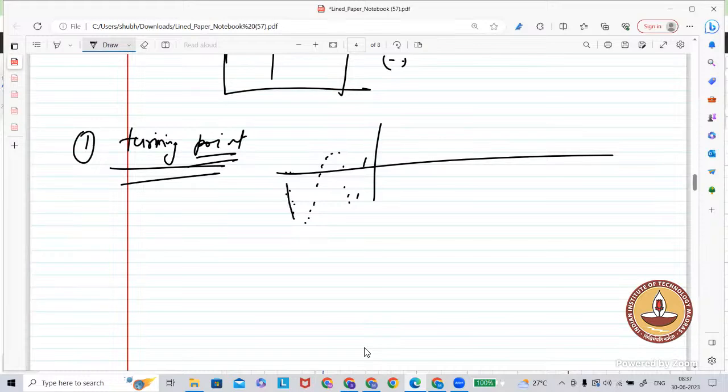So suppose we have a graph like this. At this point, what is happening here? Even from the negative side, these are the inputs, right?